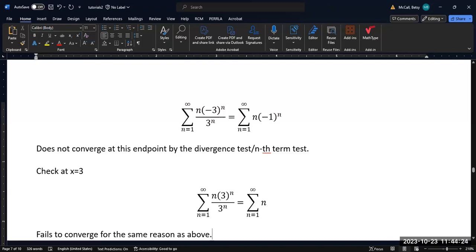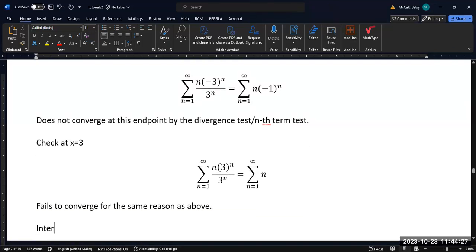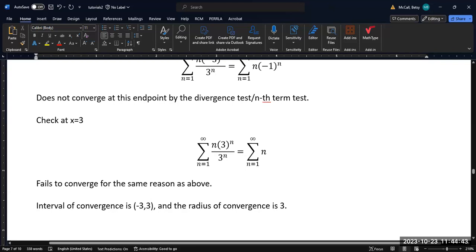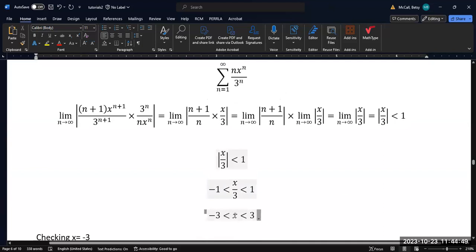So neither endpoint converged. That means that the interval of convergence is -3 to 3, and the radius of convergence is 3. How do I know it's 3? Well, there are a couple places where you can tell. For instance, even if you have x minus 2 or something like that, you get a point where you've got a linear factor of x, and both endpoints are plus and minus versions of each other before you add the constant.